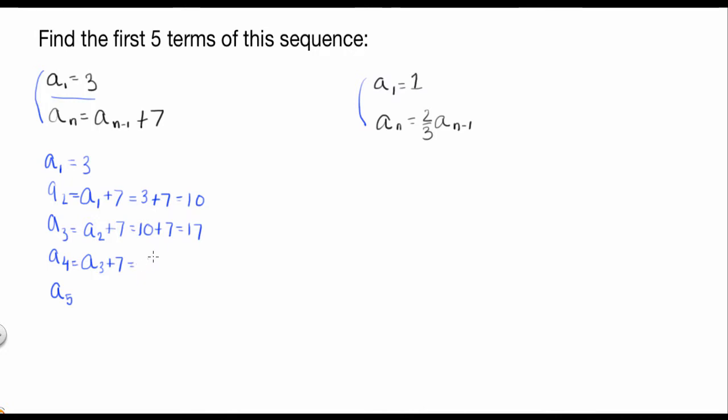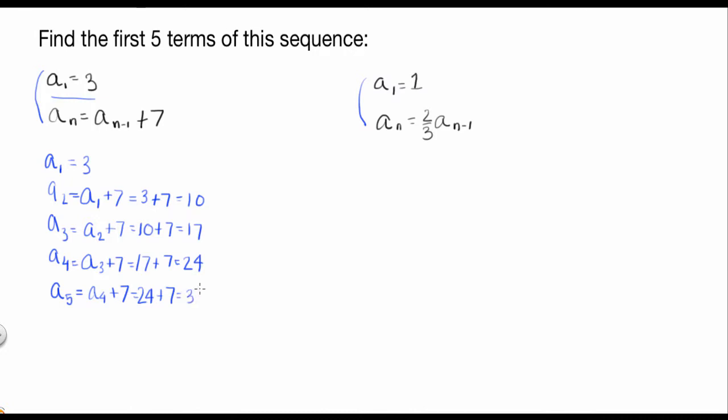And that's just 17 plus 7. What's that? 24. And finally, A5. That's just A4 plus 7. That's just 24 plus 7.